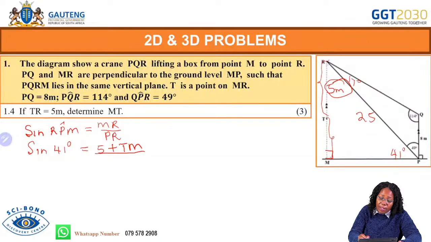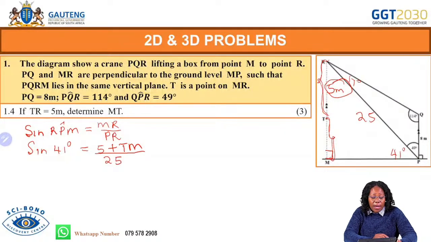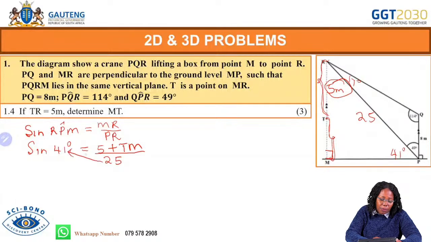It's when you add this piece, that is 5, plus that one, they will give you the whole MR. And then the PR we have calculated previously is 25. Now we are going to cross multiply because we need this TM here. It will be 25 sine 41 degrees equal to 5 plus TM.